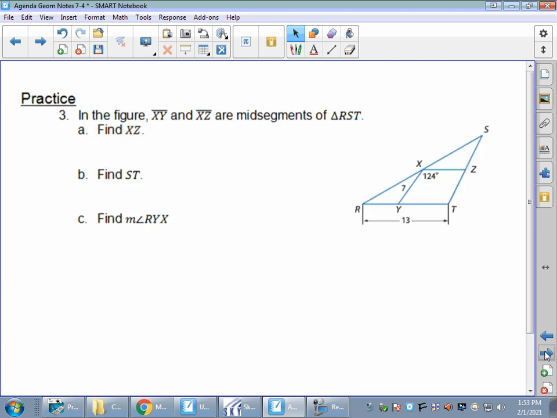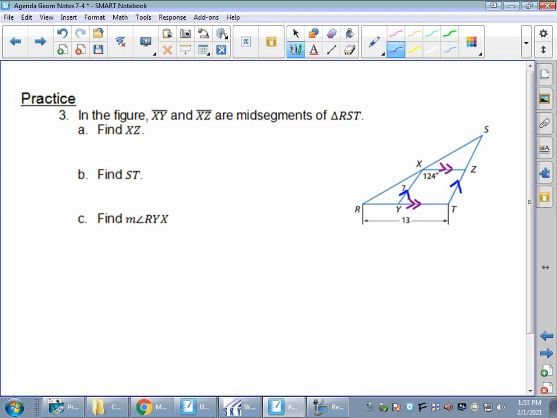All right, so they don't put the problem super nice and neat. They do a little bit of weirdness. You know how they like to set things up confusingly. So in the figure, XY and XZ are mid-segments. So XY is a mid-segment, which means XY has to be parallel to ST, right? It also says that XZ is a mid-segment, so XZ has to be parallel to YT. So I got a lot of stuff going on there so far.